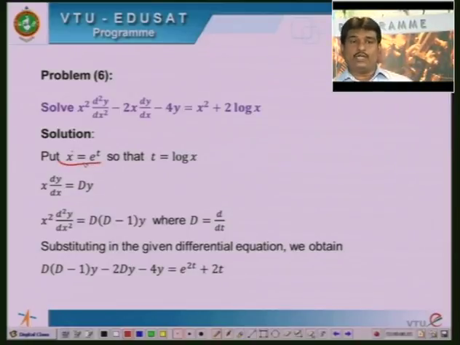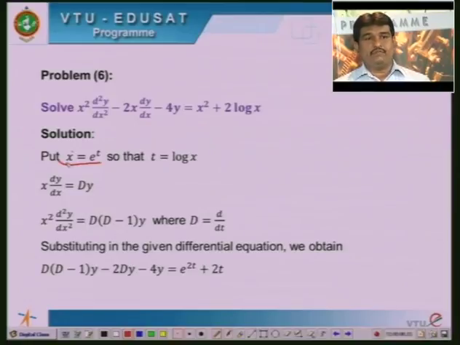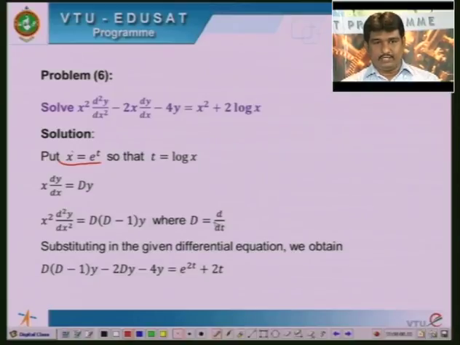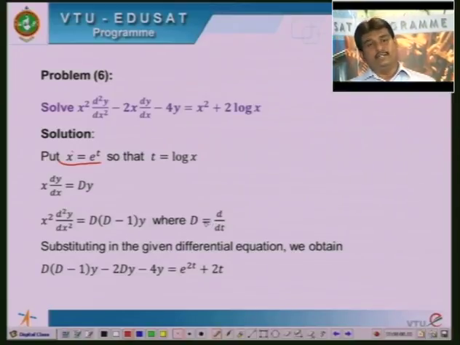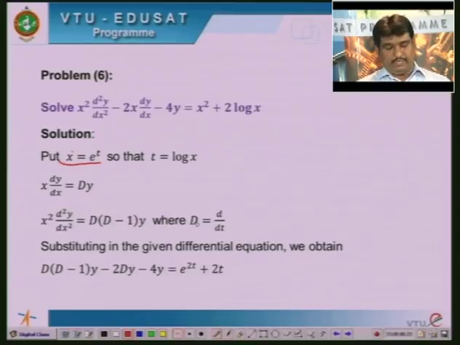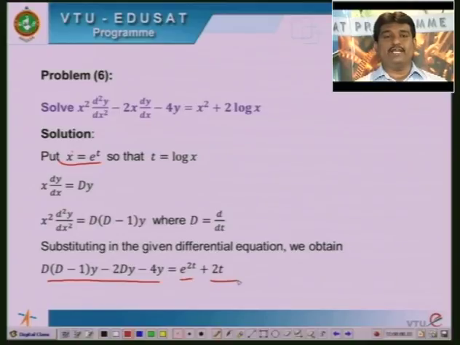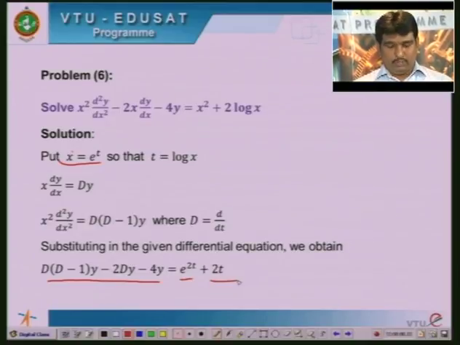So t is log x, and x dy by dx is D1 y, x square d square y by dx square is D1 into D1 minus 1 y, where D is d by dt. Substitute all these things in the given differential equation. LHS is, of course, as usual. Now RHS, x is e to the power of t, so x square is e to the power of 2t plus 2 into, in place of log x we have t here, 2 into t.